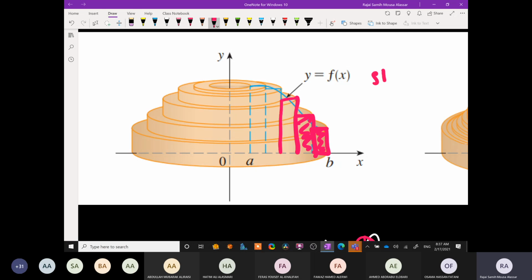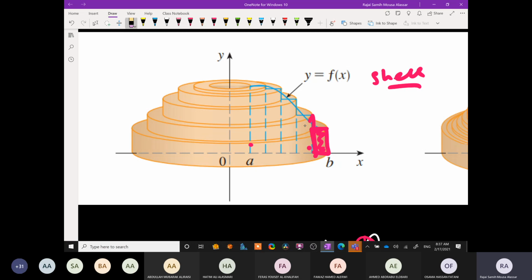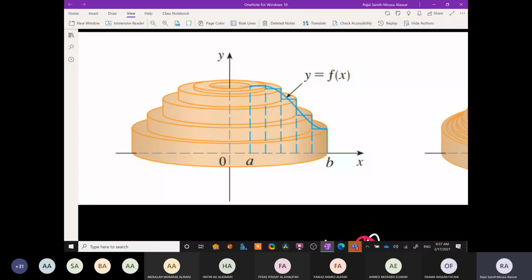We call it a shell. Yes, this is the official name for that. So if you cover the whole area and rotate about the y-axis, you get these shells, and the combination of all these shells gives you the volume.